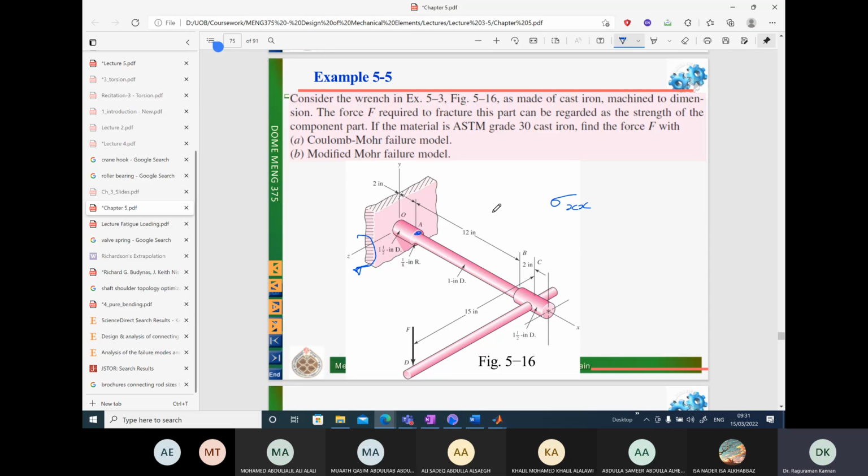The torque is with respect to the positive x-axis. So this is the way torque acts, and it acts in the z direction here. So the shear stress component is xz. So we have to draw the stress element here on the xz plane, like this.